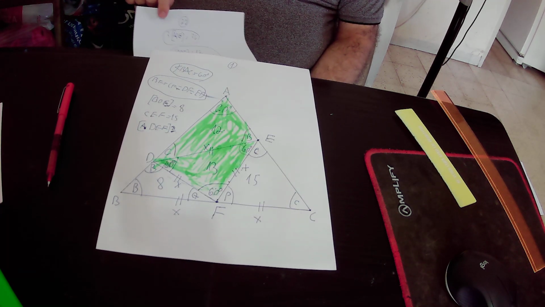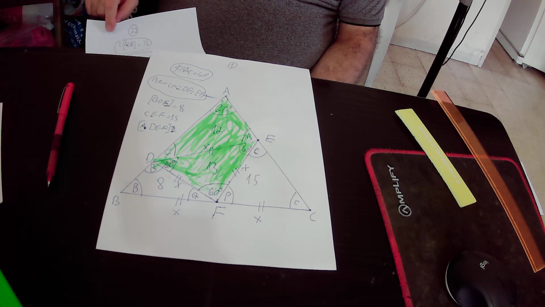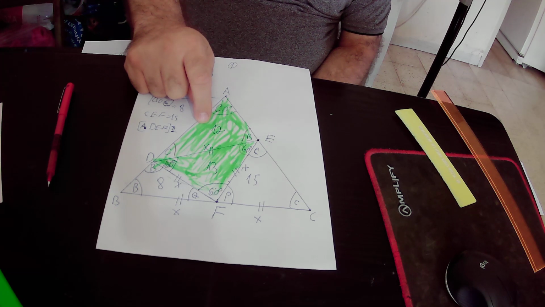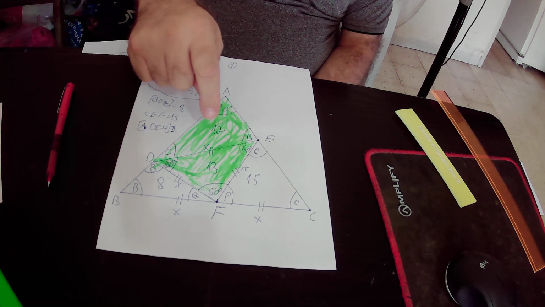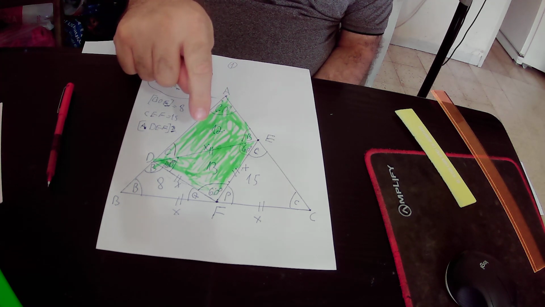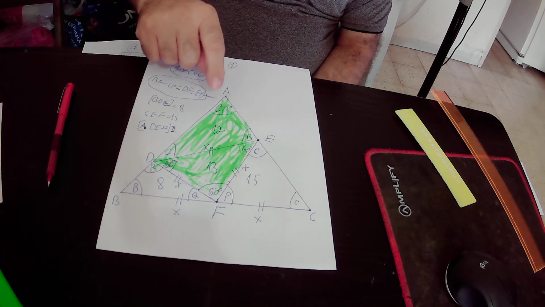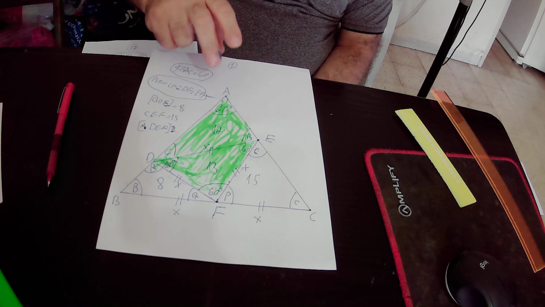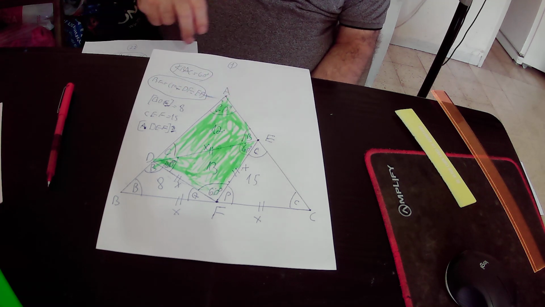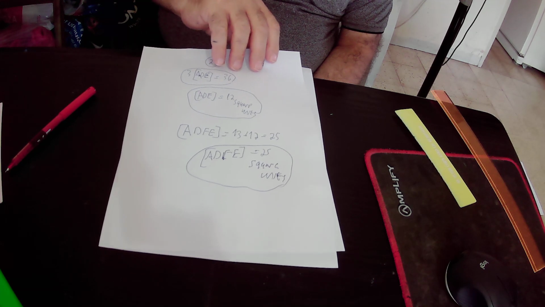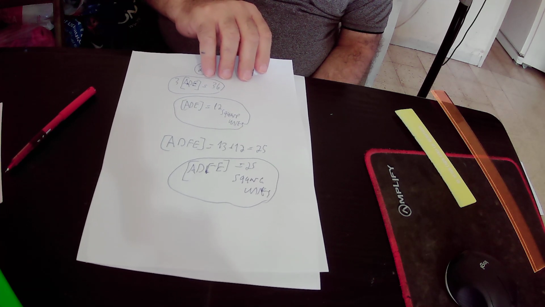The area of the green shape equals the area of triangle ADE, that is 12 square units, plus the area of the equilateral triangle DFE, that is 13 square units. So in total the area of the green shape equals 12 plus 13, that is 25 square units.